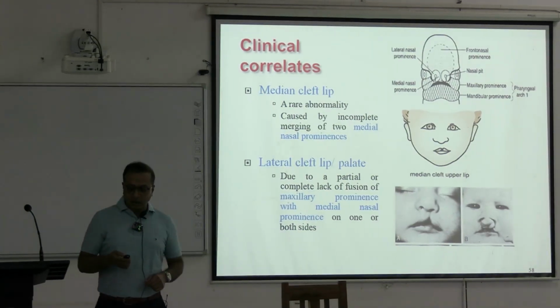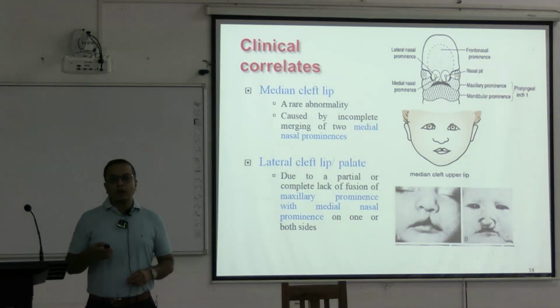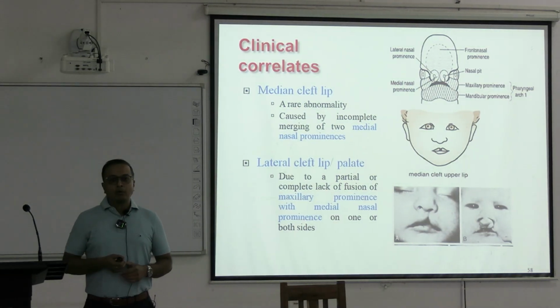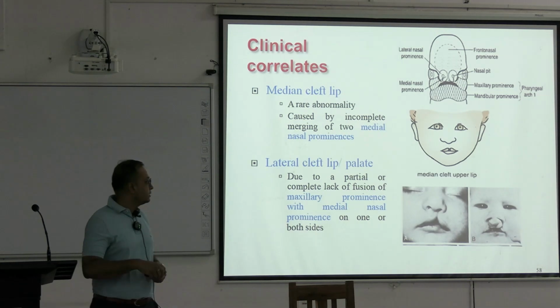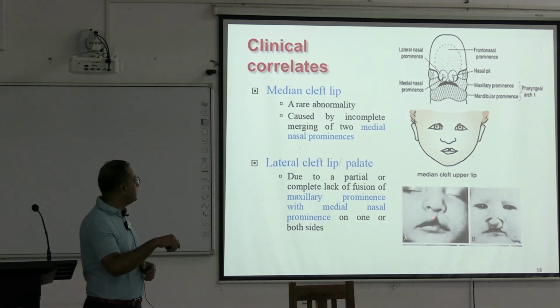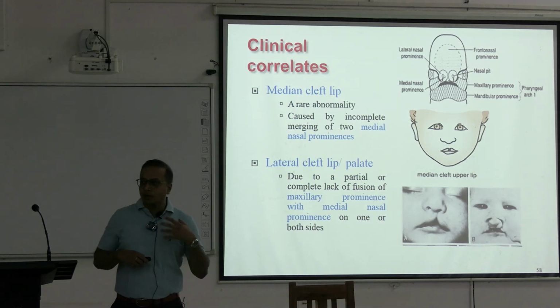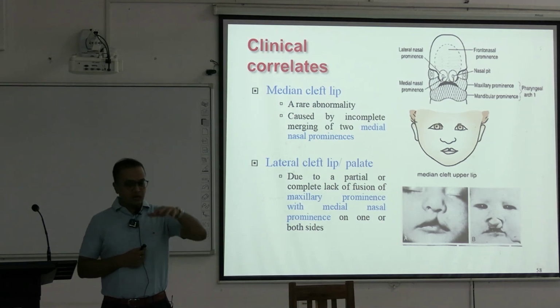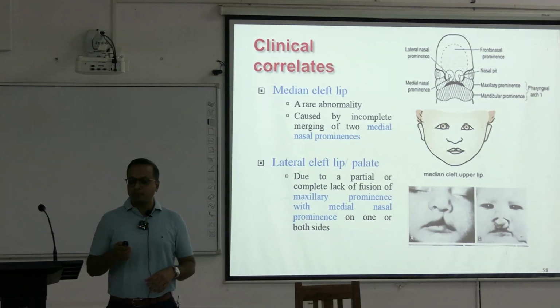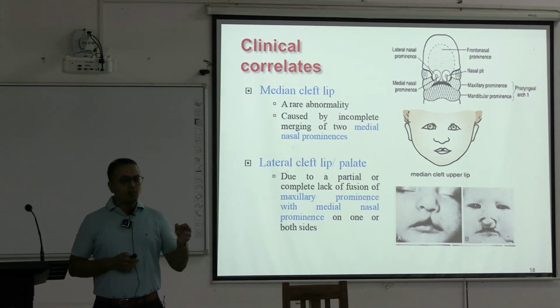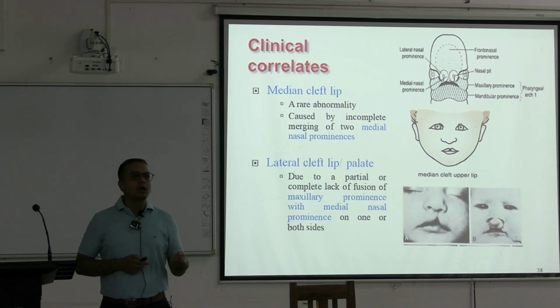We call them cleft lip, and if you probe deep, you see that there may be an associated cleft palate. That means the deficiency visible on the lip extends to the palate as well. So cleft lip and cleft palate is the number one clinically presented developmental error.